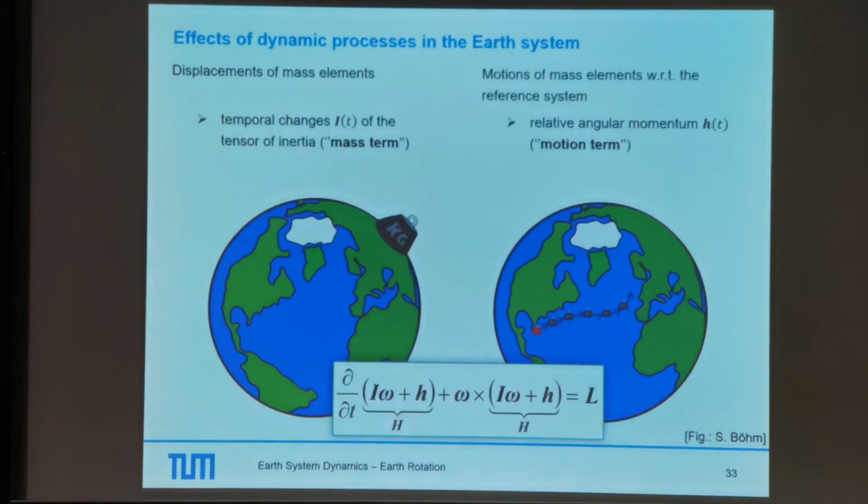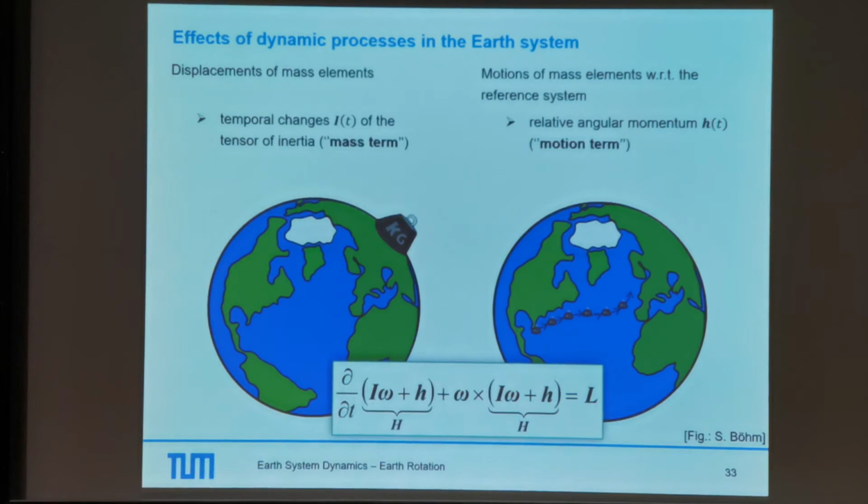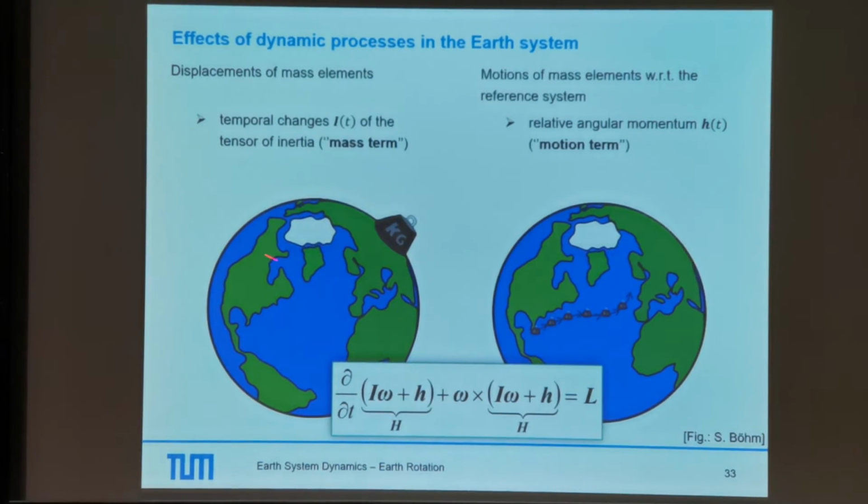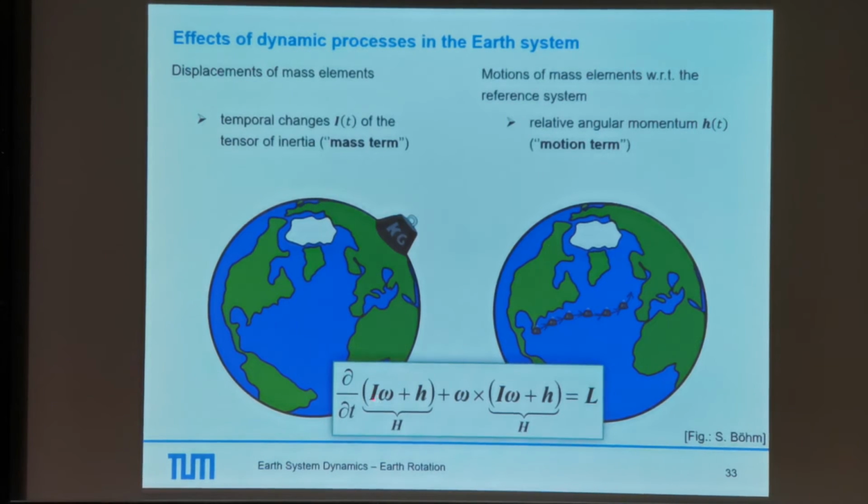On this other side, we have the so-called motion of mass elements. If a mass element is moving, like for example an ocean current or a wind current which transports masses, then the motion term is affecting the relative angular momentum, the small h quantities in this equation. So you see the time-dependent quantities due to these mass motions and mass relocations are I in this case, and the small h in this case.